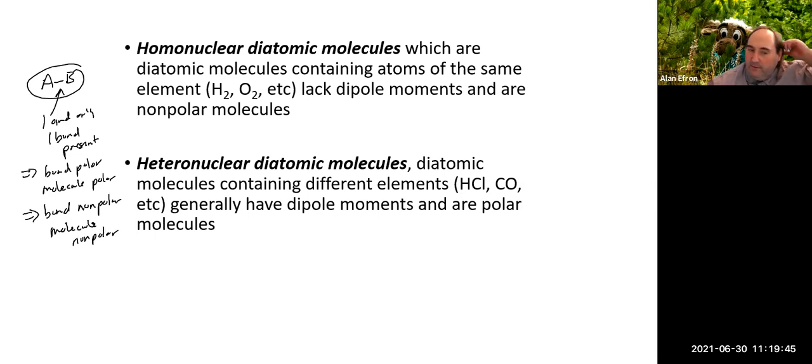So there are homonuclear diatomic molecules. Homonuclear basically means the same thing as a homogeneous mixture. It means you have a diatomic molecule that contains the exact same element. So that's things like what it shows there.